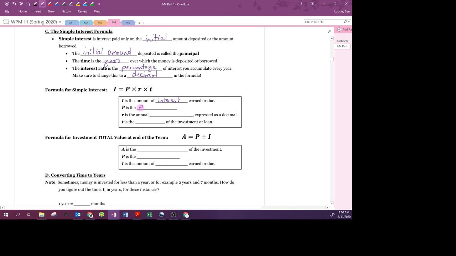P is the principal amount, so the amount that was initially borrowed or loaned. R is the annual interest rate expressed as a decimal, and T is the time of the investment in years.